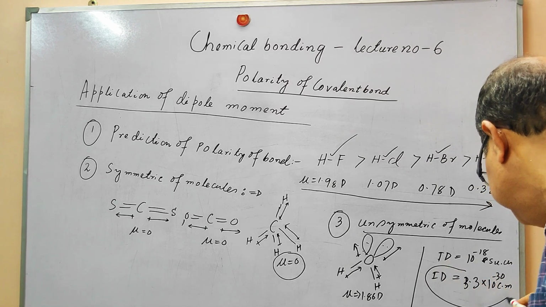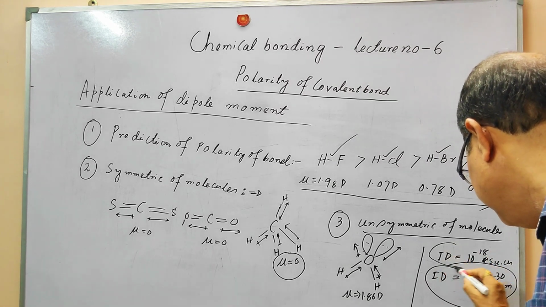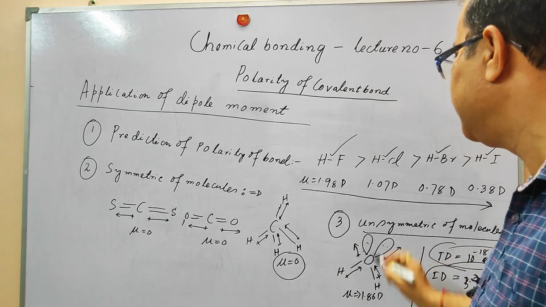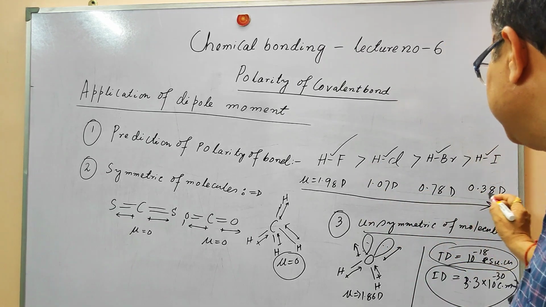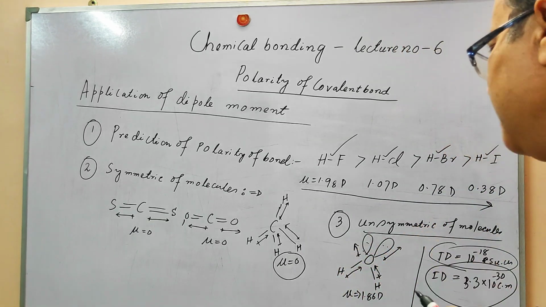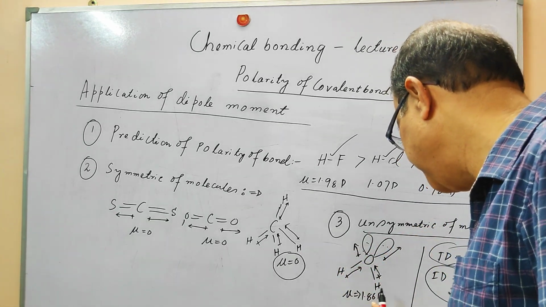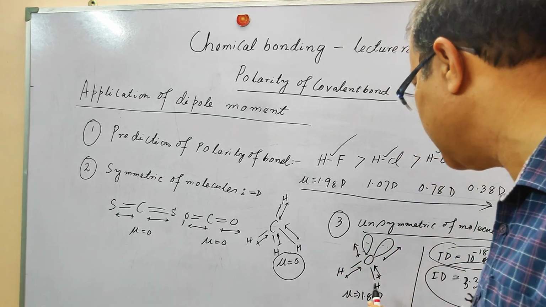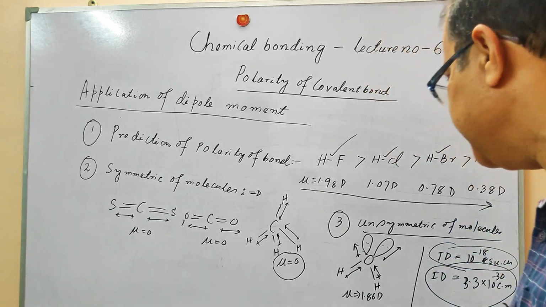This is 1 Debye. So when you write the dipole moment, you have to write the unit also. Here H2O has a dipole moment of 1.86 D.